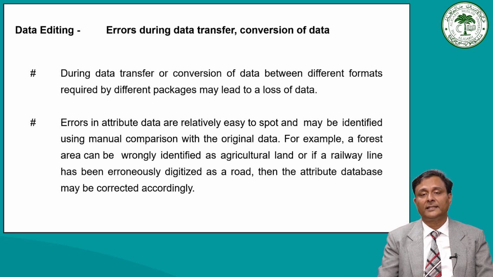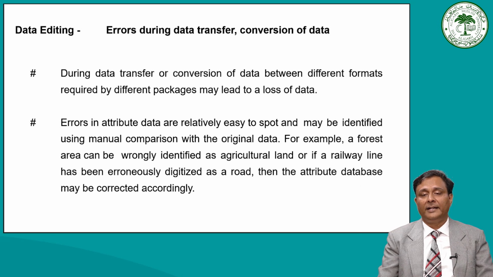All in all, modern day spatial information packages provide editing tools for the identification and removal of errors in data, and we would be discussing it and practicing it in our coming discussions, and you would be aware as to how we can rectify all these spatial errors.